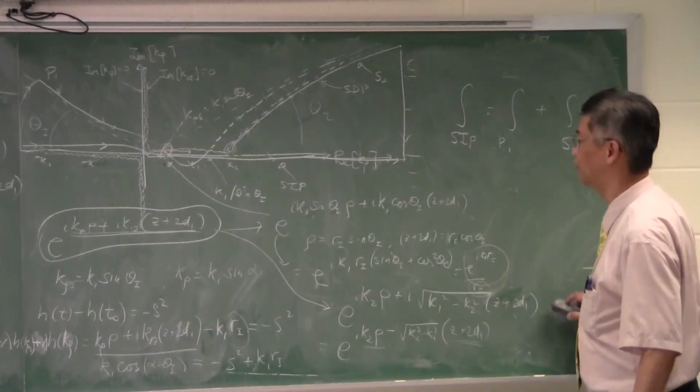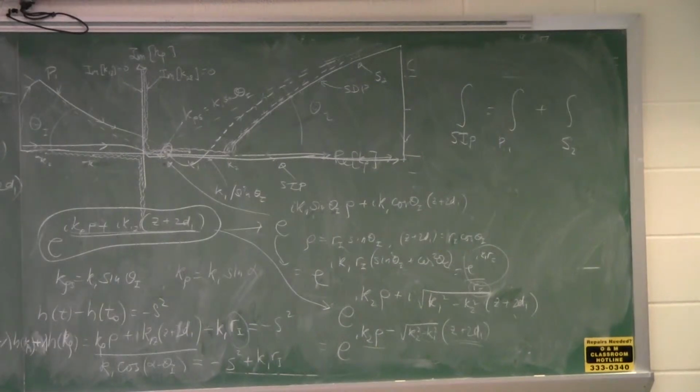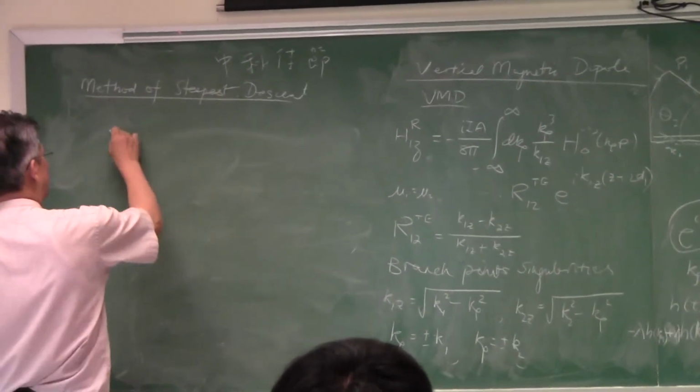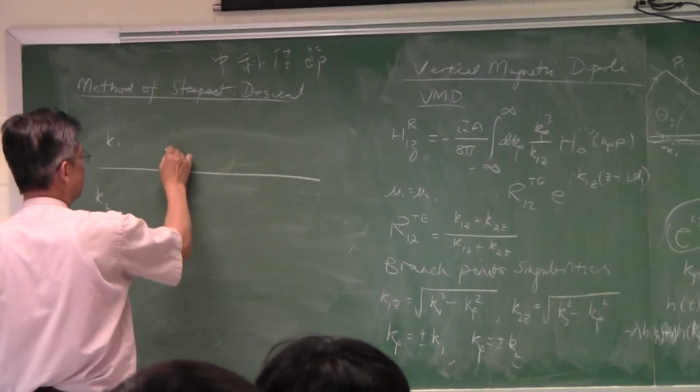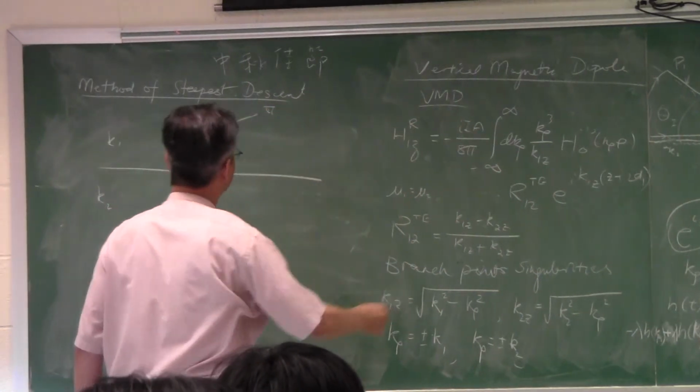Okay, what this means is that it's a wave that looks something like this. I have region K1, K2, and I have a direct wave that you can calculate because I just ignored the direction.